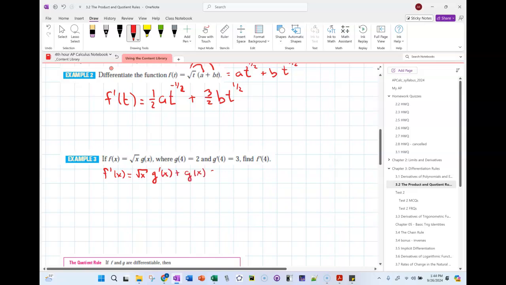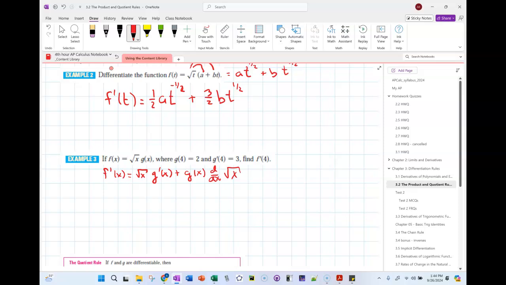So again, I'm just going to apply my product rule. The derivative of g is just g prime, right? Nothing more to do there.